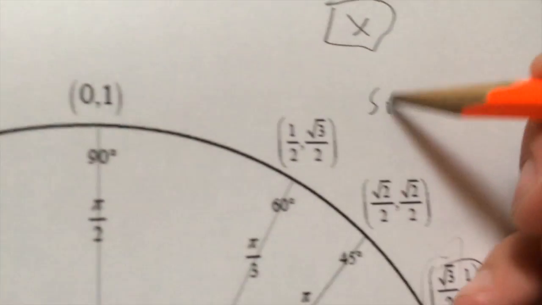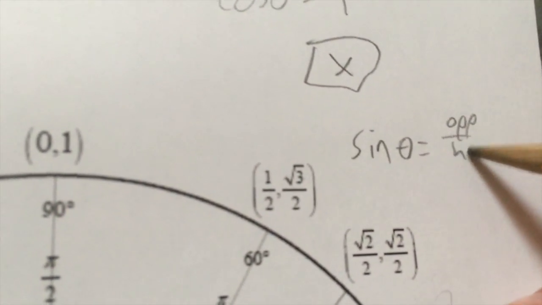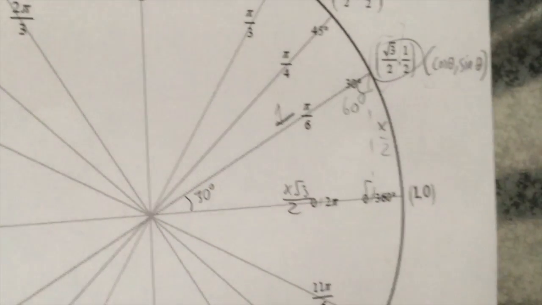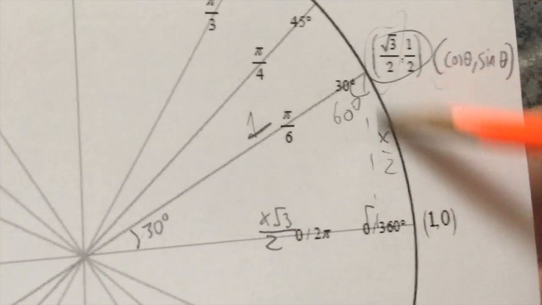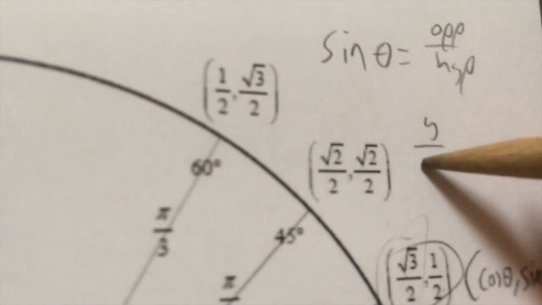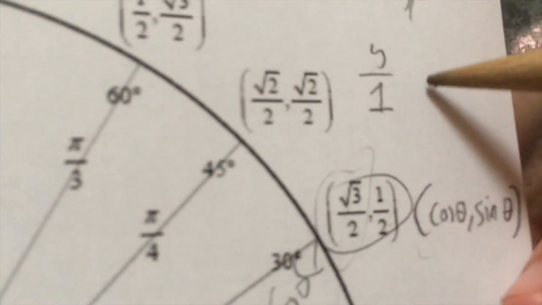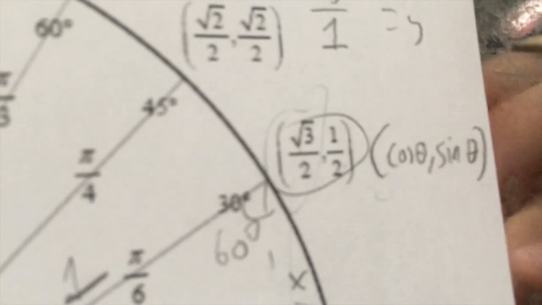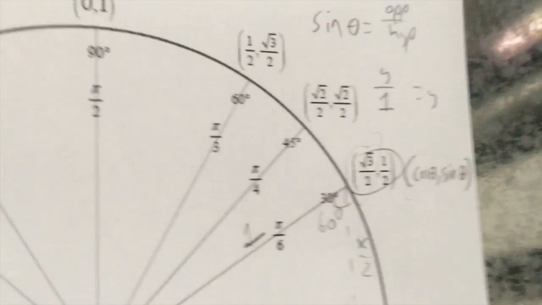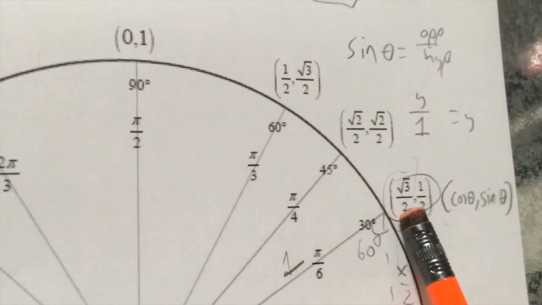And for sine theta, that's opposite over hypotenuse. The opposite is the y value, so it's going to be y over hypotenuse, which is always 1. And that's just going to be y. So sine theta equals y. And that's why you can determine the coordinates of a point based on cosine theta and sine theta.